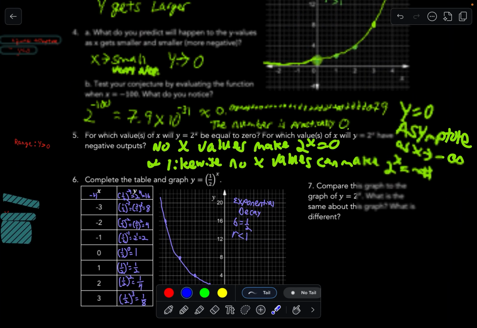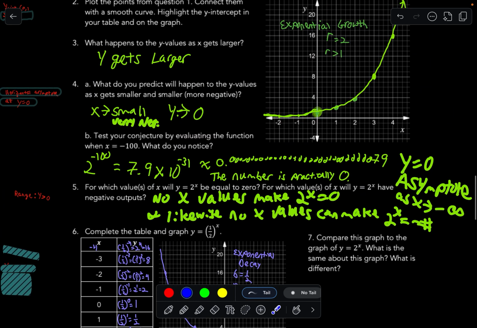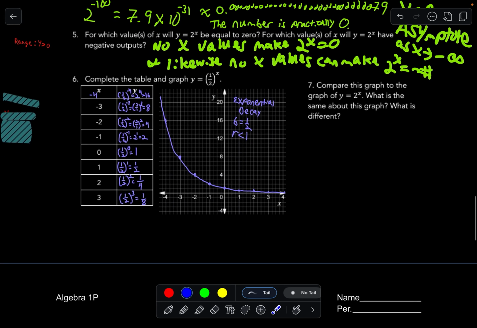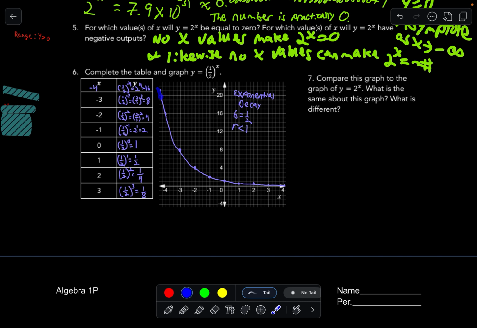If you compare the two graphs, they are the same, only the growth graph blows up to the right. They both pass through 0, 1. And the decay graph goes down to the right, again passing through 0, 1. Okay?